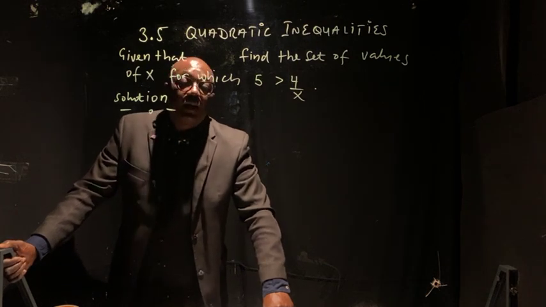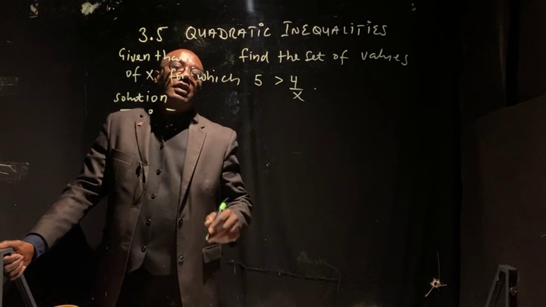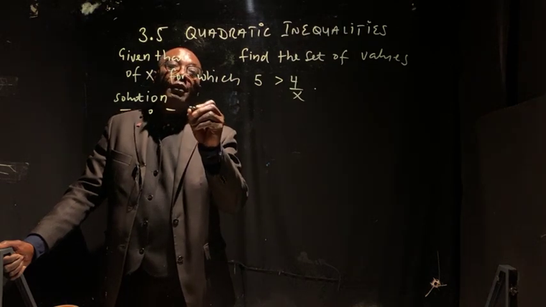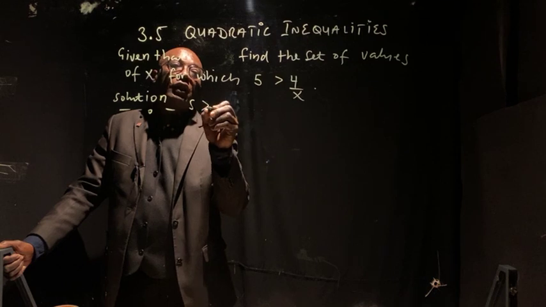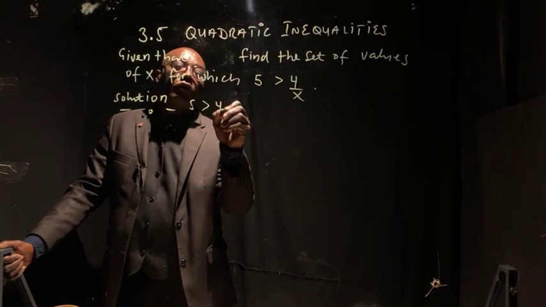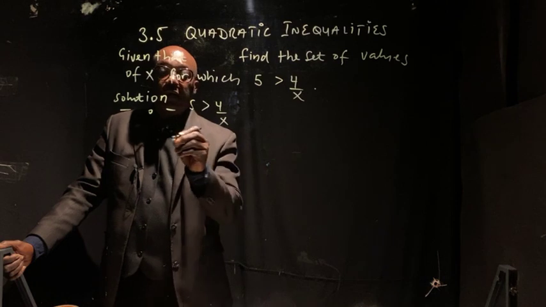Well, the solution way is still the same as what we did previously. So you pick out that inequality, 5 is greater than 4 over x. Then you multiply both sides by x squared.